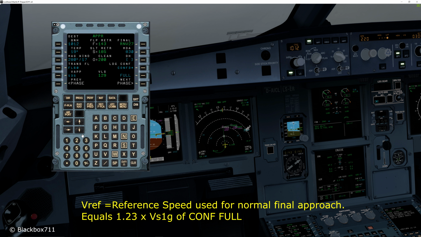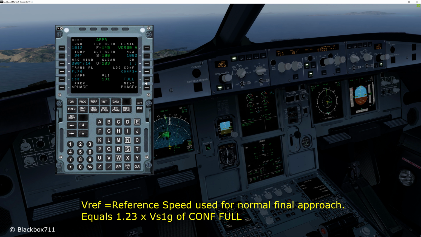And so the VLS config full is in actual fact the VREF, and that is equal to 1.23 times VS1G. So for config 3, you'll get a different VLS speed, but that is not defined as VREF.